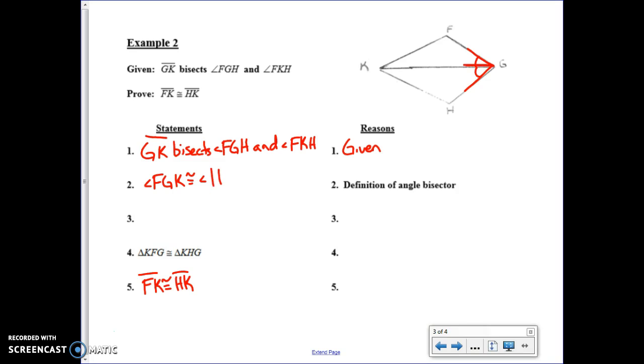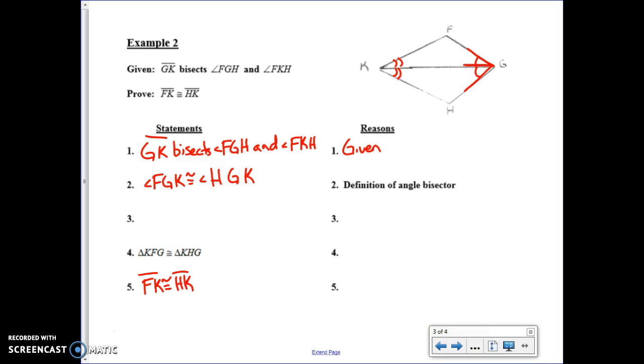And that's one of them that we had written down on the front of our paper. But it also says that GK bisects angle FKH. So if I look at the left-hand side, then these two angles that GK is cutting in half are congruent to each other.